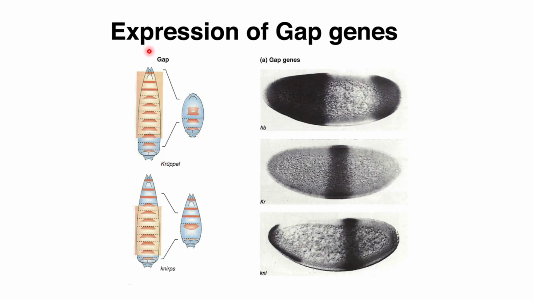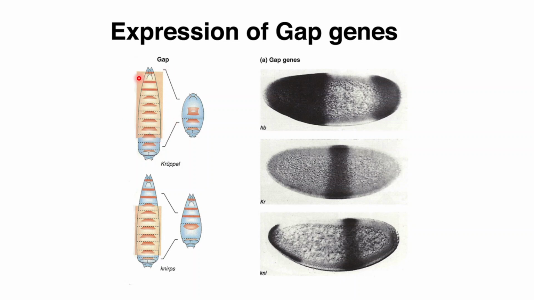Now if you look at this schematic, it shows the expression profile of certain gap genes. We have two examples of gap genes here, Krüppel and Knirps. Krüppel, as you see, is expressed in all these big regions.